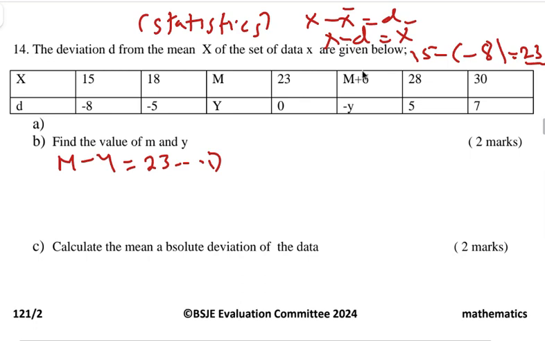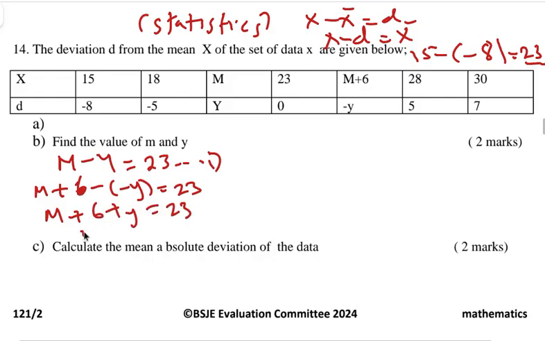And now if I take this one also, m plus 6, minus, but minus what? Negative y equal to 23. The same thing. So itanipa simplified version ni m plus 6 plus y equal to 23. M plus y equal to 23 minus 6, which is 17.